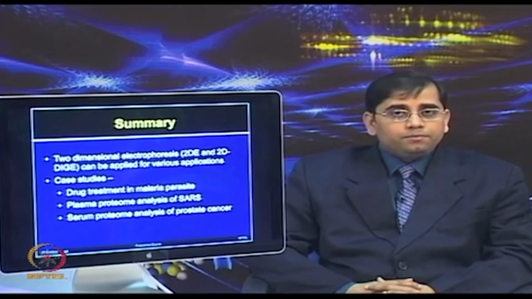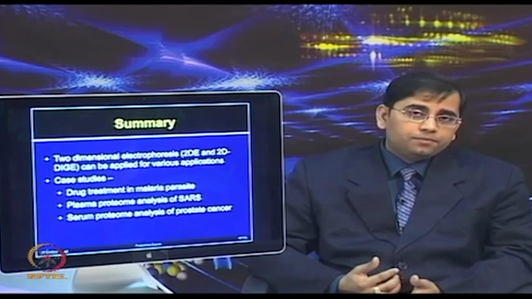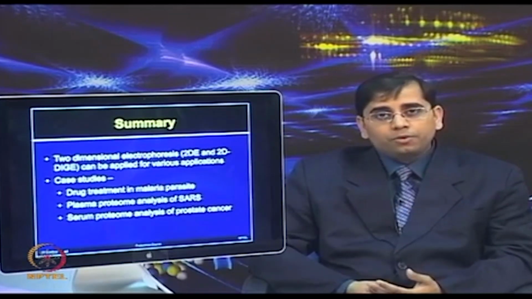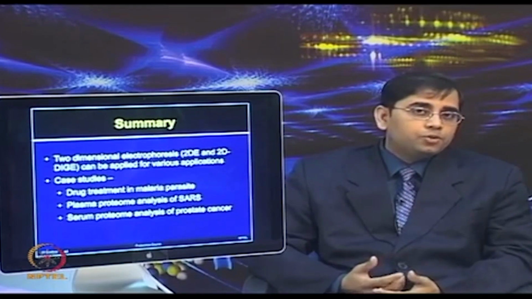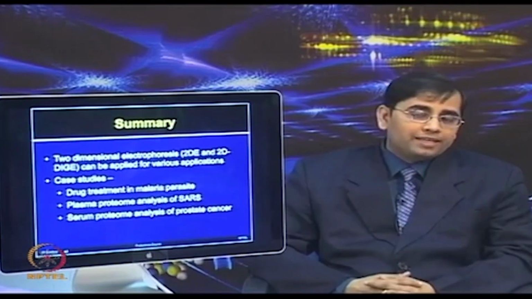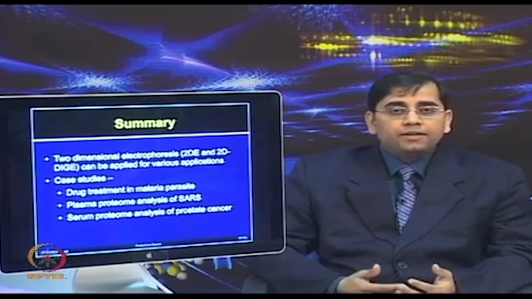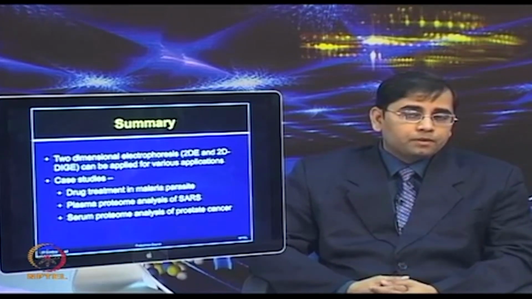In that regard, you would not have noticed too much difference in the overall applications, whether we talked about plasma proteome analysis based on conventional 2DE or a serum proteome analysis of prostate cancer based on the DIGE technique, because at the end you want to establish the identity of the proteins using mass spectrometry approaches.